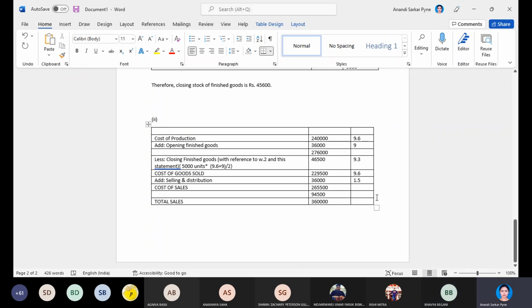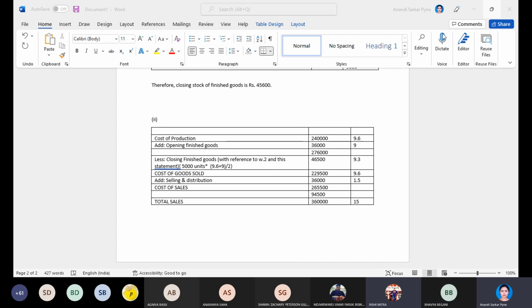Absolutely. That's the question being answered: what will be the effect if it is transferred to the simple average method? So cost of sales will be 2,65,500 divided by 24,000.